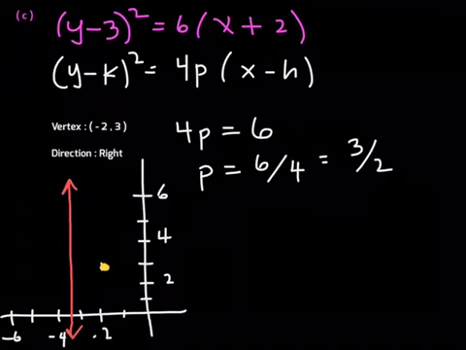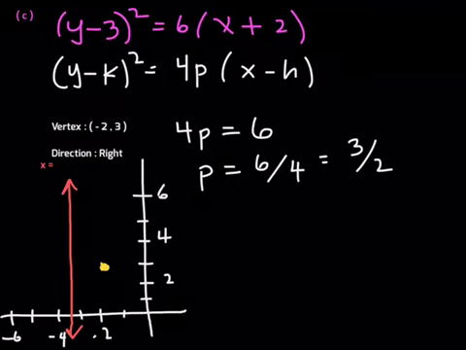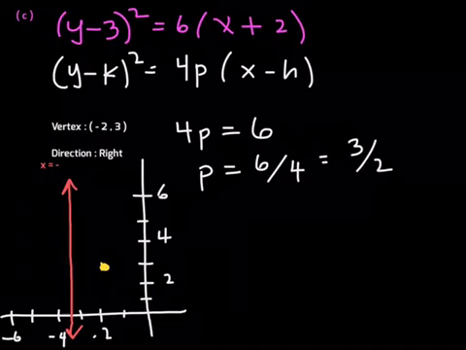So this has the equation x equal to negative 3.5. I'll write it as a decimal. I think a lot of us prefer decimals, so there it is. Okay, there's the equation for our directrix.